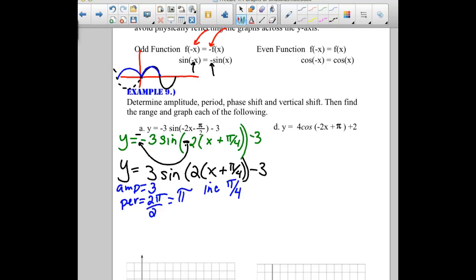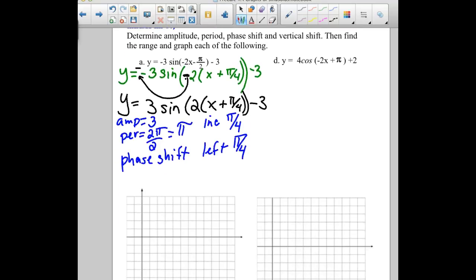Okay? Good. We went left, phase shift. We went left pi/4. And our last is a vertical shift. What did we say? Down 3?